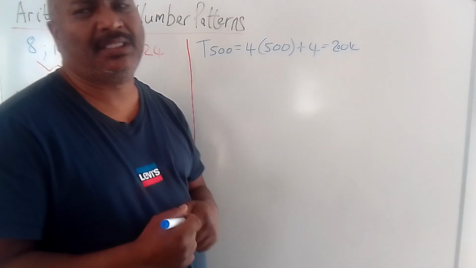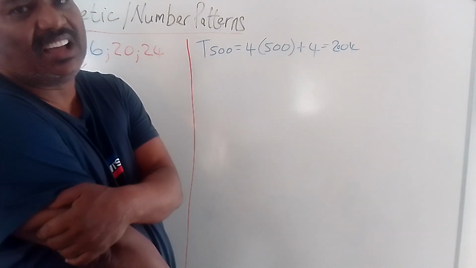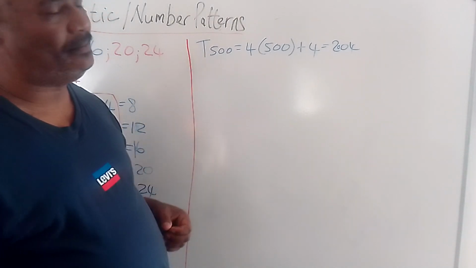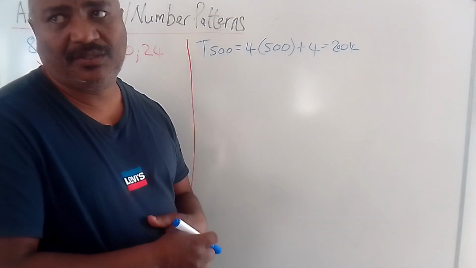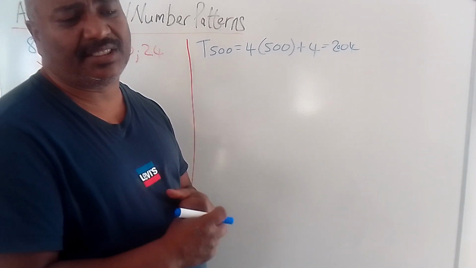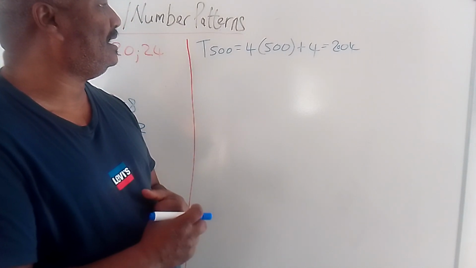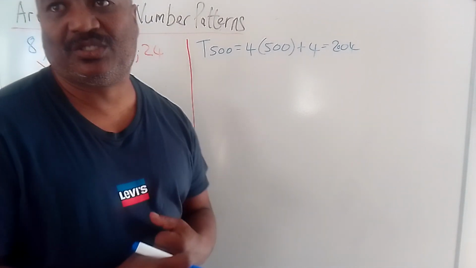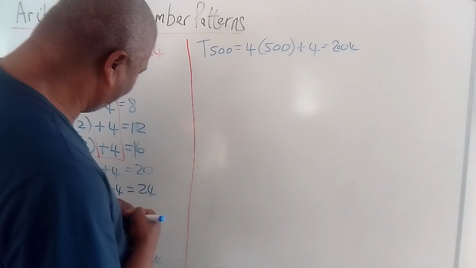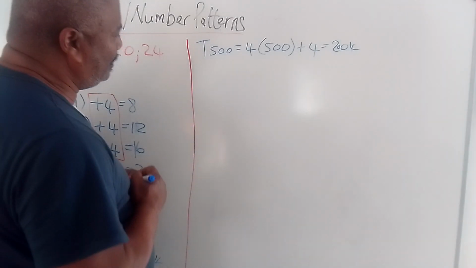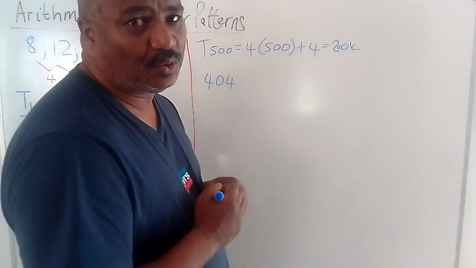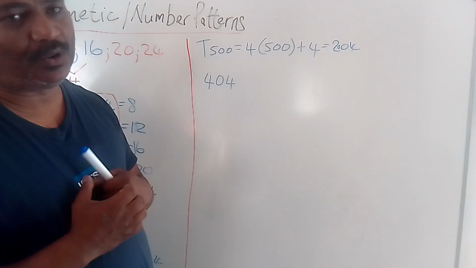Now, what happens if we are given a term, and they want to know what is the ranking of that term, what is our n value? For example, let's look at this one. If we are given 404, we must work out which term is 404.